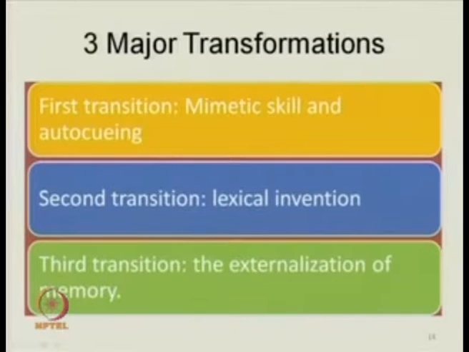And he declares this in the beginning, really, and he says that this entire development through a brain culture symbiosis has to be seen or studied under three major transformations throughout prehistory and history. The first transition, and I will explain all of these through his work, is something that entailed a kind of skill known as mimetic skill and autocueing.